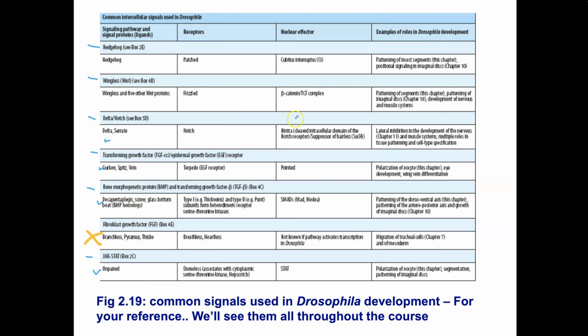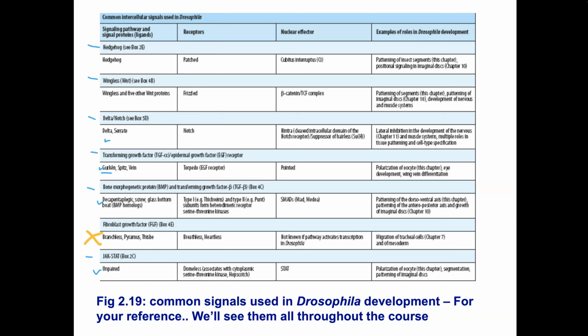A table like this is useful, and I would suggest making sure you understand how the process works, such that if we didn't have any gherkin protein, what would you expect to happen in terms of the polarization of the oocyte? Gherkin not only has that anterior-posterior role, but it also has a dorsal-ventral role.